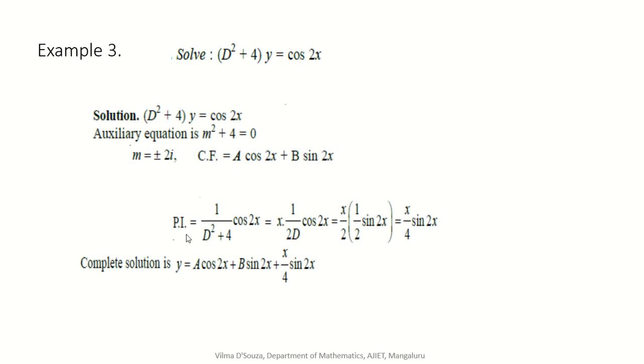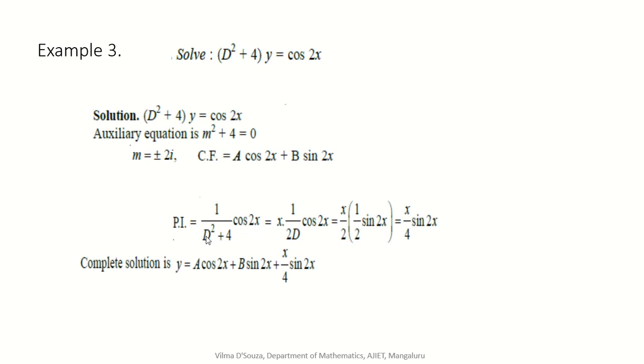Now how do you find the particular integral? Particular integral is 1 over f of d of phi of x. What is f of d? D square plus 4, and phi of x is cos 2x. So 1 over d square plus 4 of cos 2x.